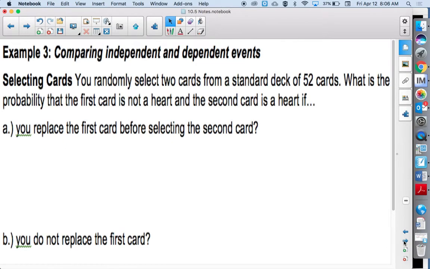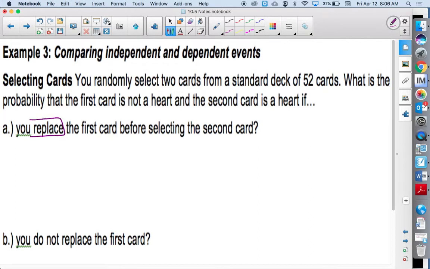So if you look underneath, this one says you randomly select 2 cards from a deck of cards. What's the probability that the first card is not a heart and the second card is a heart? And it says we're trying to compare how to do one versus the other. The first one, you replace the first card before selecting a second card.